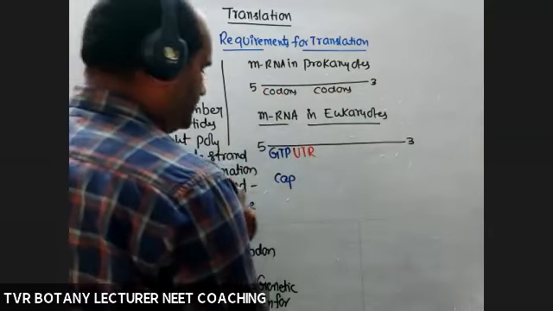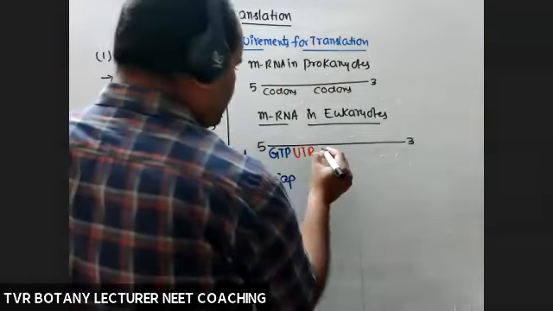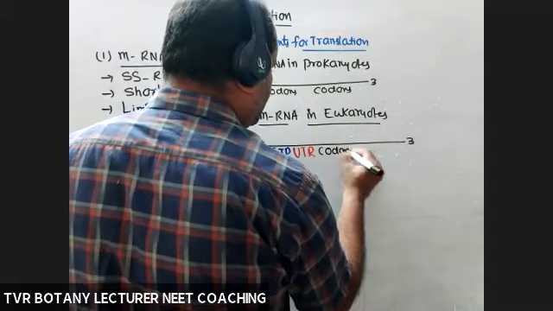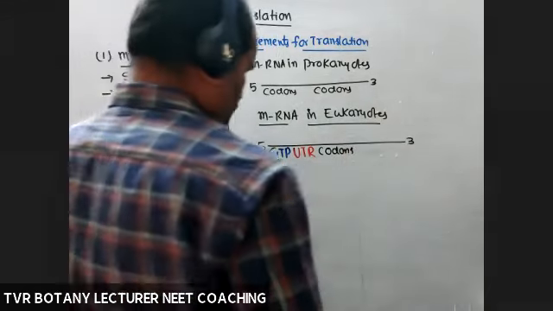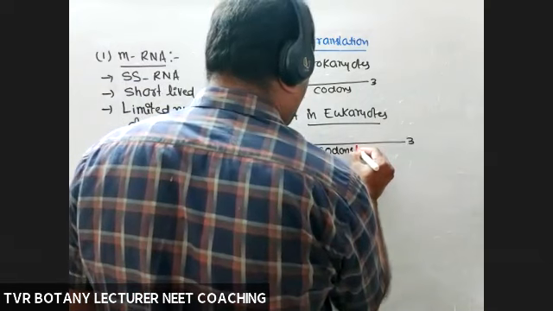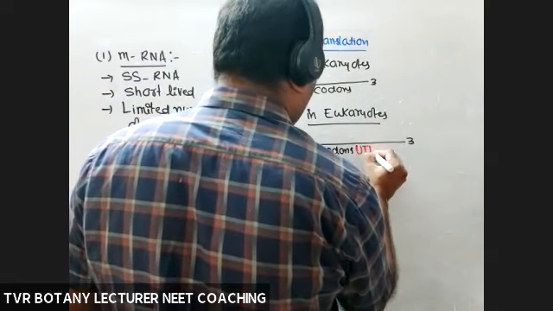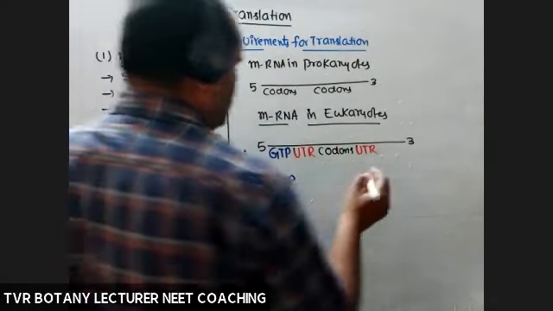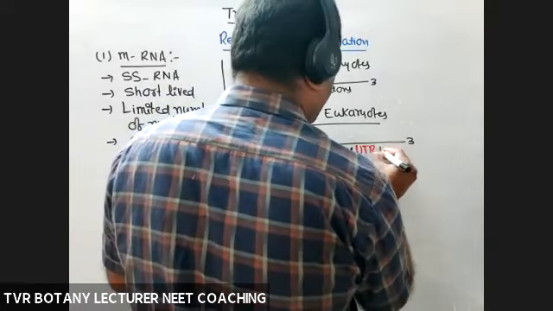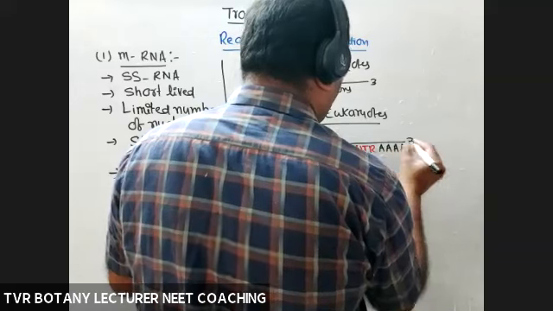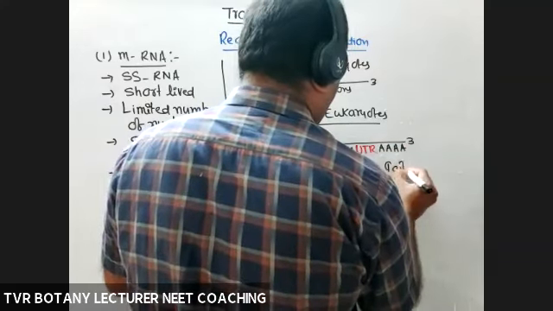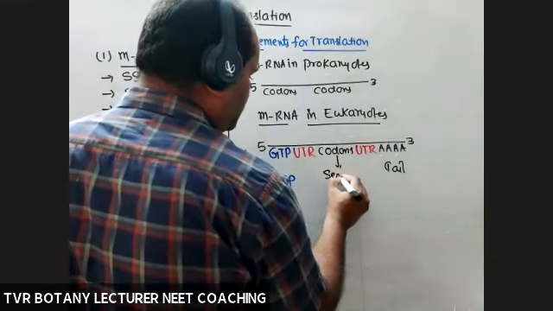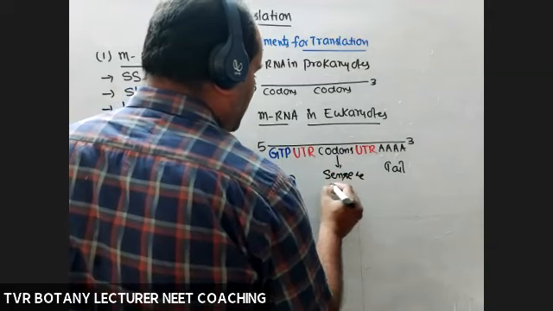Here you can take UTR regions. Next, codons: codon 1, 2, 3, 4, many codons. After that, UTR. Okay, a nonsense codon is also present. Simply I'm giving codons, UTR and poly A. So this is the tail part. So here sense codons and a nonsense codon.